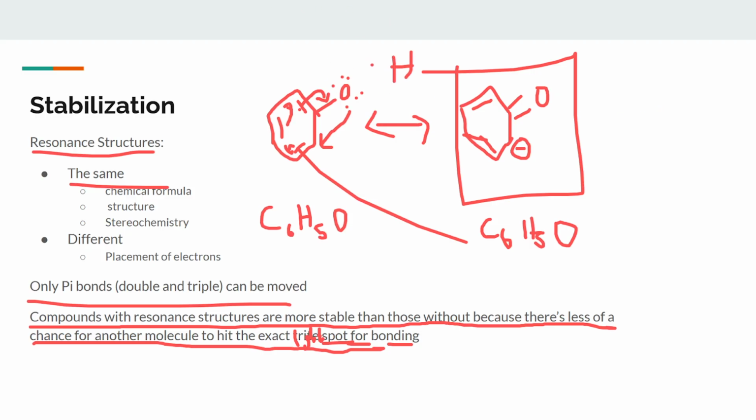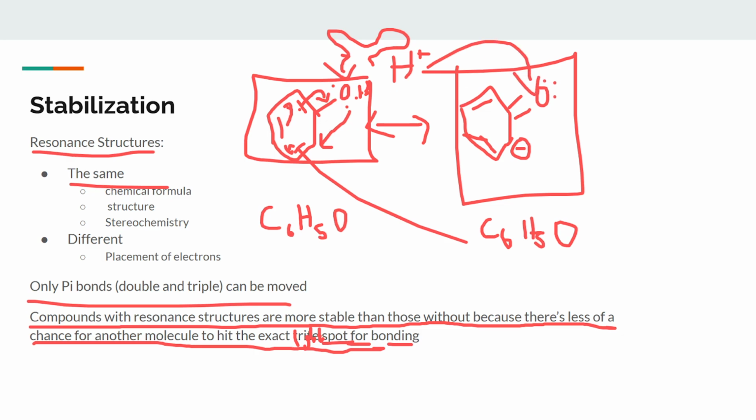We have a hydrogen that's just floating around the place. If this is constantly switching between these two, this positively charged hydrogen will be able to attack these electrons over here and make OH. But since some of it is in this form and some of it is in this form, the hydrogen can't attack this one because this oxygen right here has a formal charge of 0.